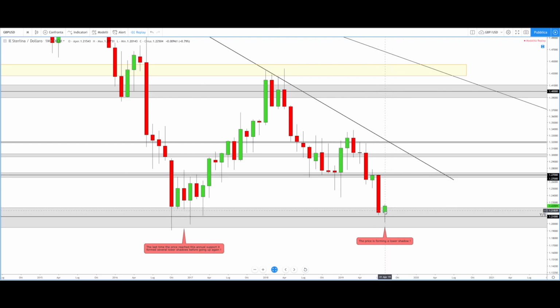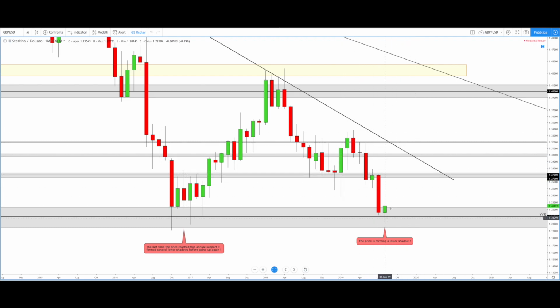For now, guys, at this level, we don't have the right confirmation for a bullish phase, obviously, but this reaction was a first signal that the price could be ready to start another correction, trying to reach 1.27 here.